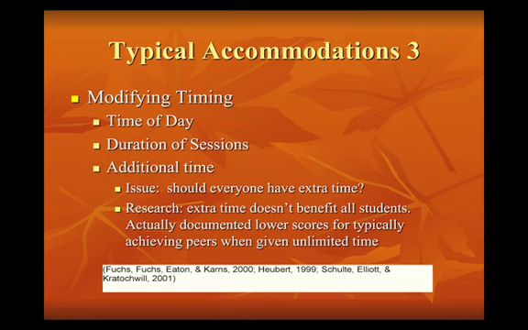In fact, there's a real differential in terms of the improvement of scores. Students who would normally be able to complete the test in the regular amount of time, if you give them more time, it doesn't necessarily improve their scores. So it gives credence to the concept that extra time is a reasonable accommodation.